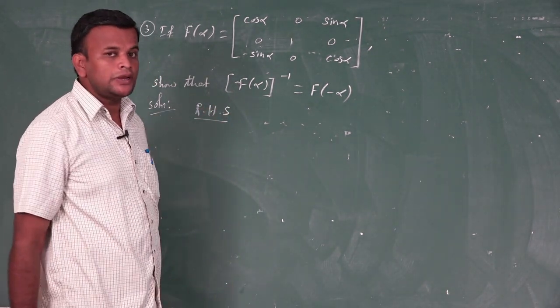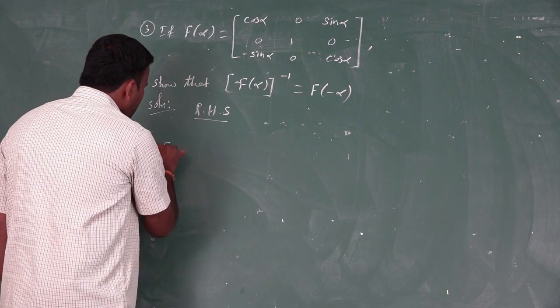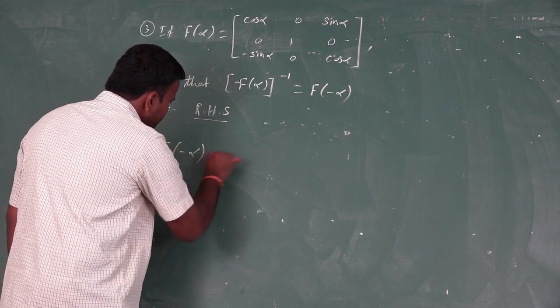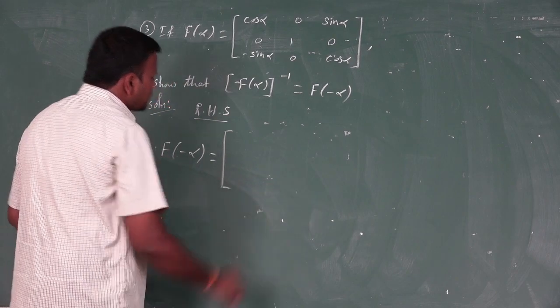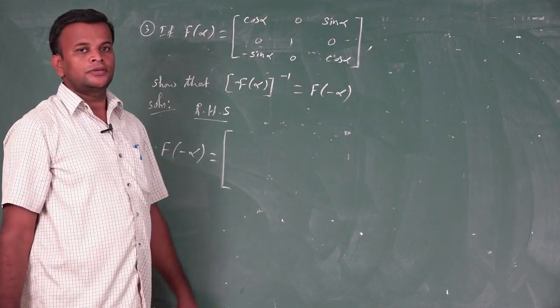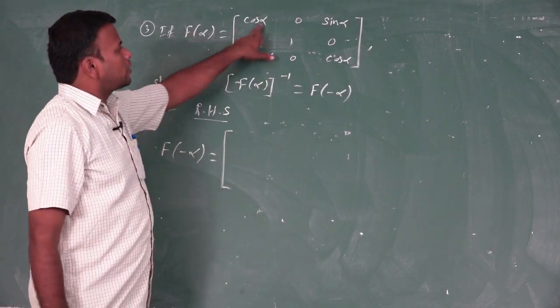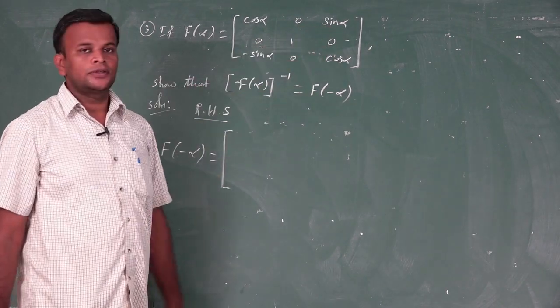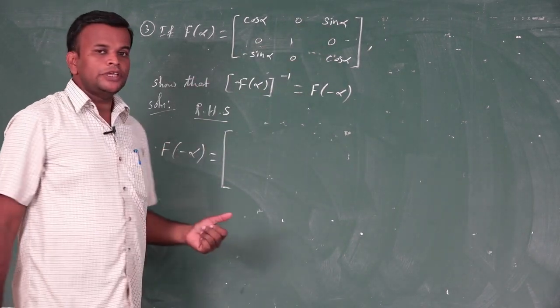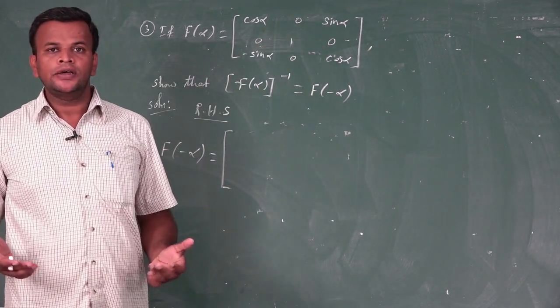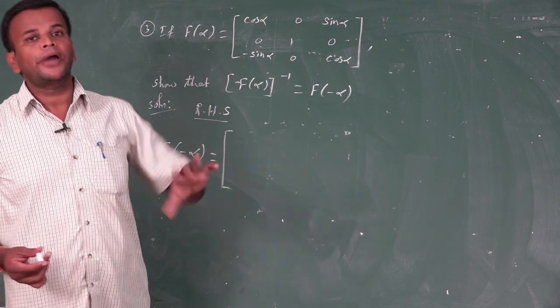What is the RHS value? It is F of minus alpha. We see the given matrix F of alpha means cos alpha, 0, sin alpha. So F of minus alpha means whenever alpha is there, we replace alpha by minus alpha.